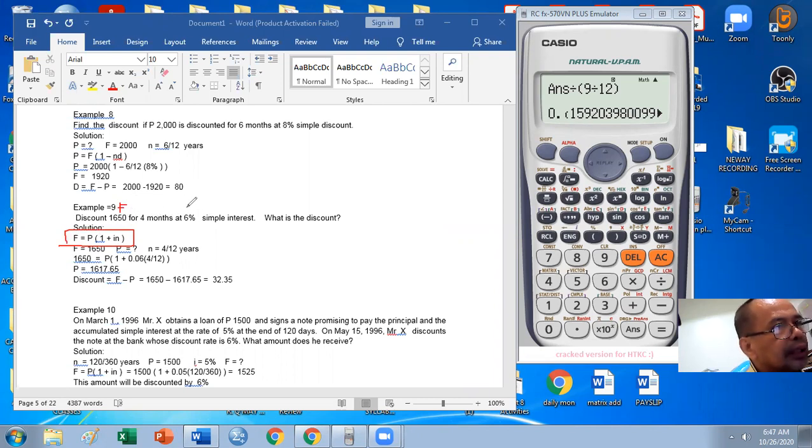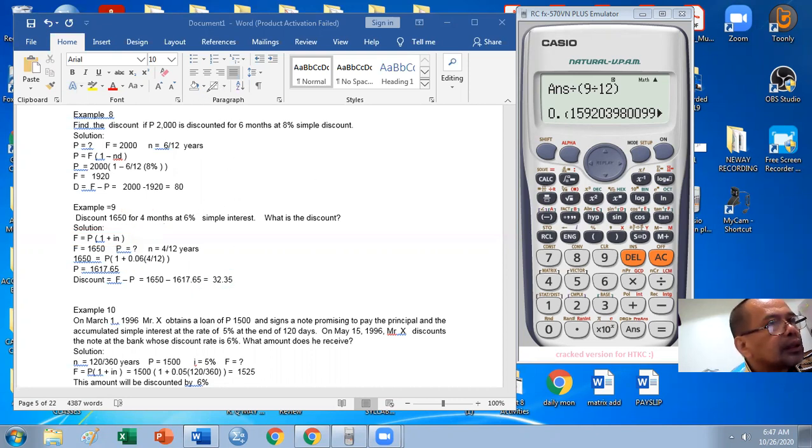This is our I, and this is our N. Then you can compute P using this formula, and you'll get P. To compute the discount, it is just future minus P, which is 1650 minus 1617.65. This will be 32.35.